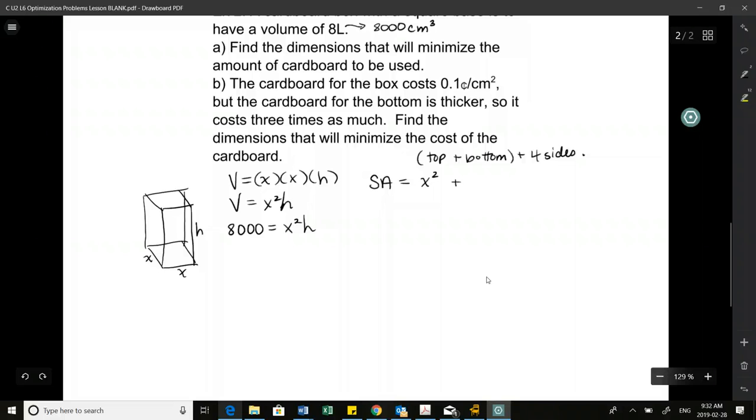So there's my top, my bottom, and my 4 sides. How do I calculate the area of one side? x times h. So this one's going to be 4xh, because I have 4 of those sides. And then, of course, I can say 2x squared.